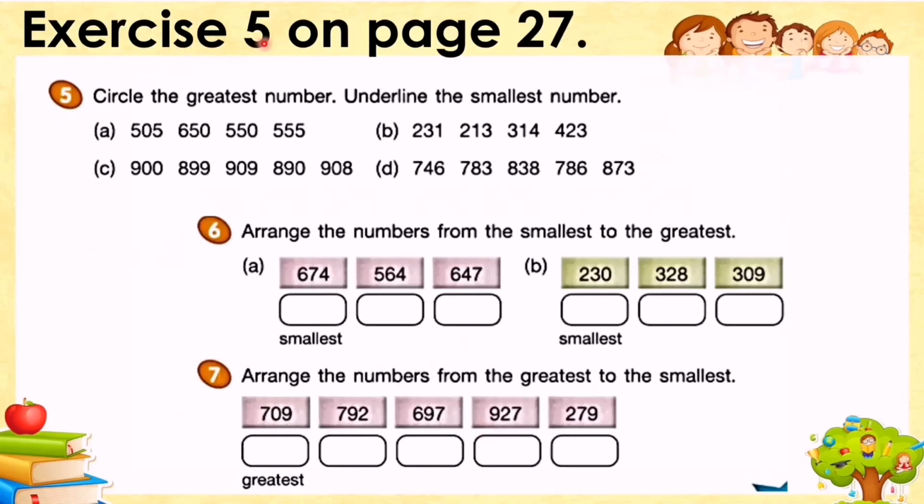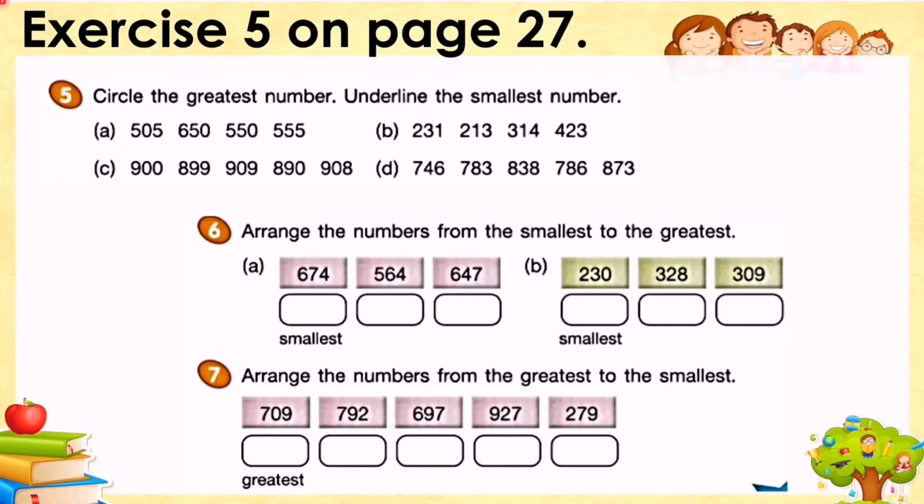Your exercise 5 on page 27. So, you will circle the greatest number. Underline the smallest number.